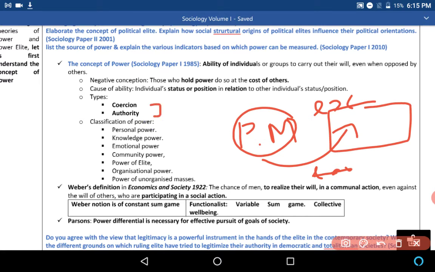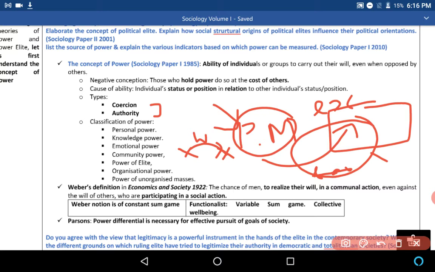When you have a certain kind of legitimacy to what you do, like people chose this person, then whenever you do such a thing, it will be the exercise of authority. But if this person has no authority but imposes his will, it will be coercion. So you need to differentiate between these topics.